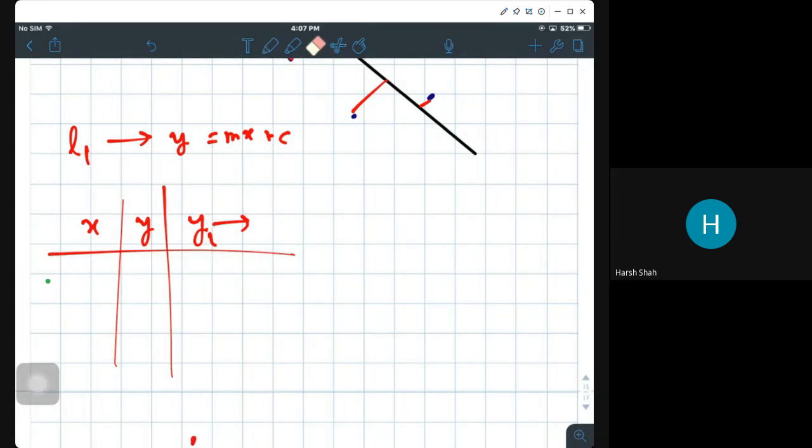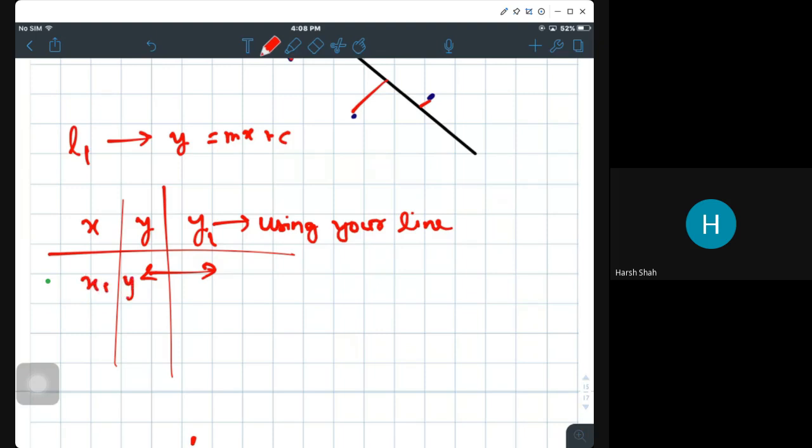This is given, this is given, this is using your line. Now you find the difference between these two, that how much wrong your answer has gone. You find the difference between these two, you add all of them and you average them out.